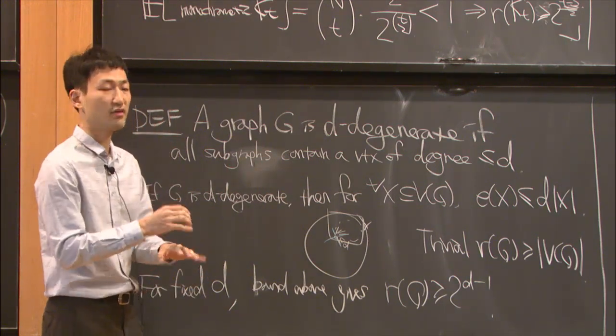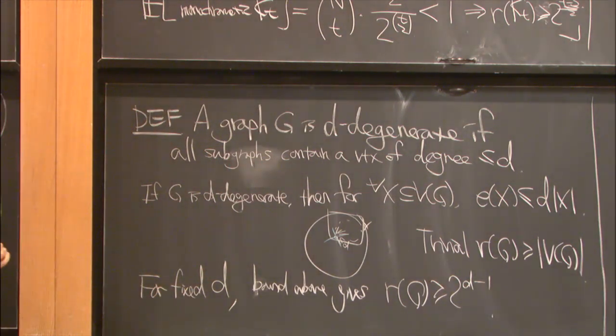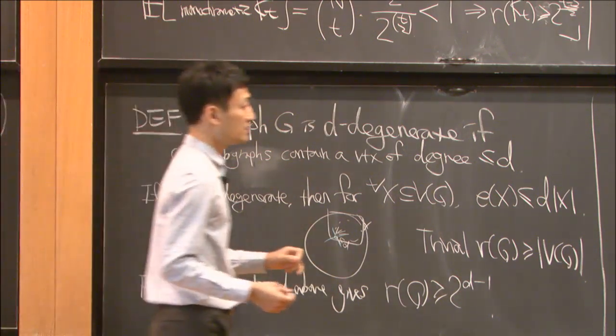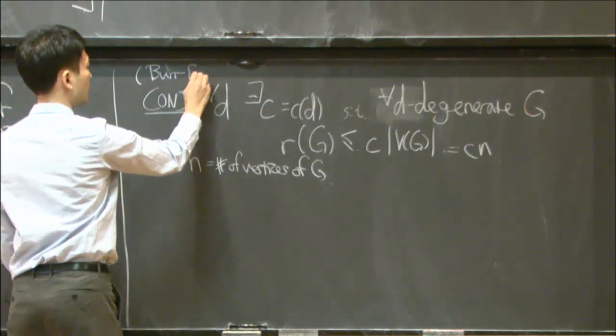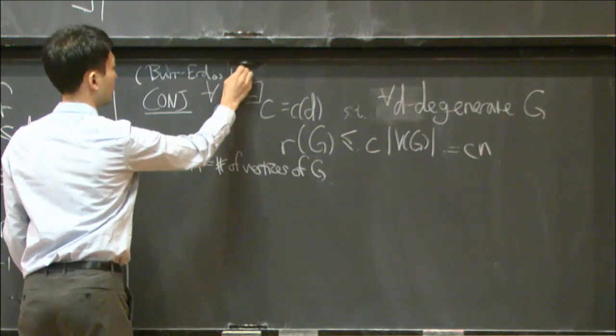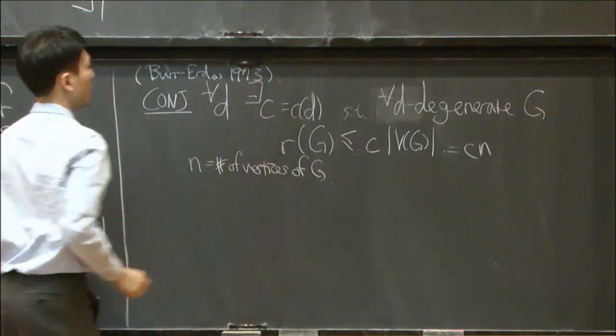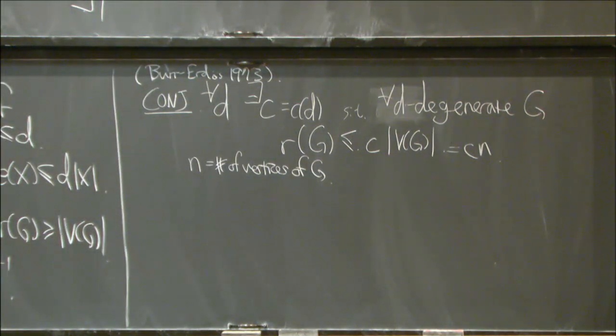So it's really closely related to forests and the sparsity. This conjecture was made in 1973, and received quite a lot of attention since then.